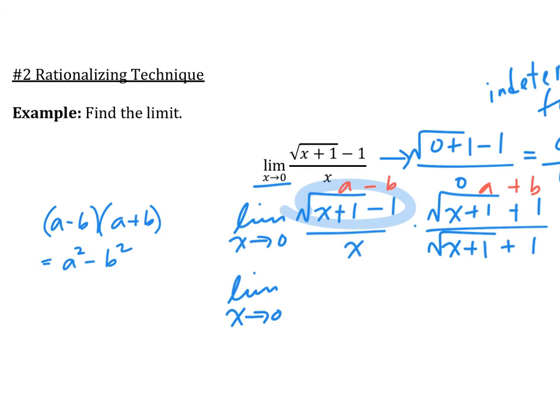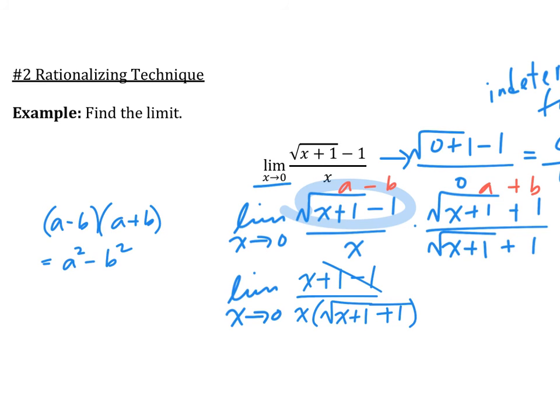So that is square root of x plus 1 squared, so x plus 1. And then b squared is 1, but remember there was a minus in between. In the denominator, remember I said do not distribute, because we know some things might cancel later.